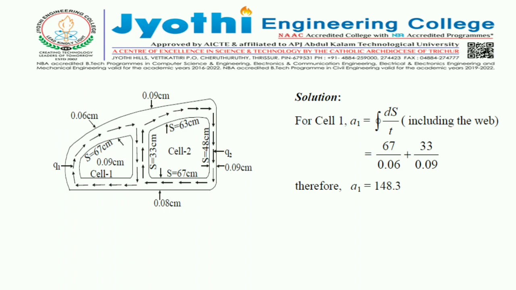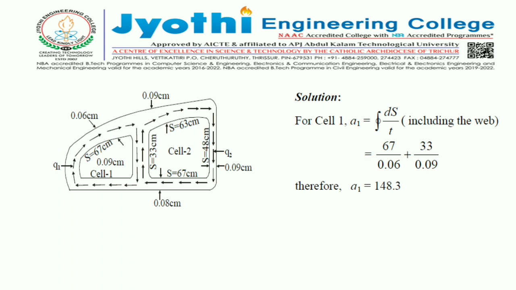It is a two-cell section with different thickness throughout the cross section, and the lengths are also given in the question. First, for cell 1, we find out small letter a1.